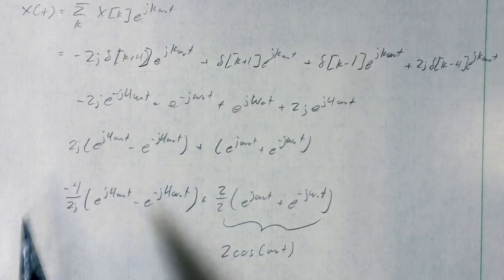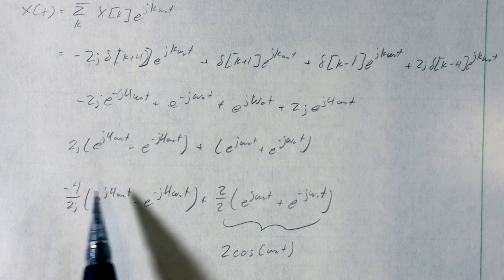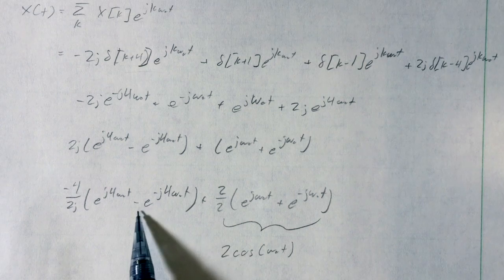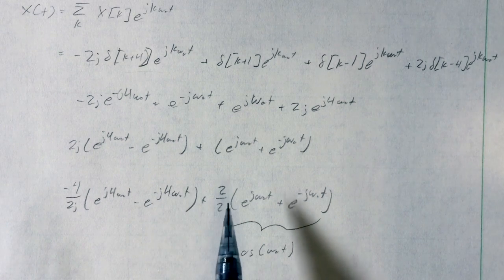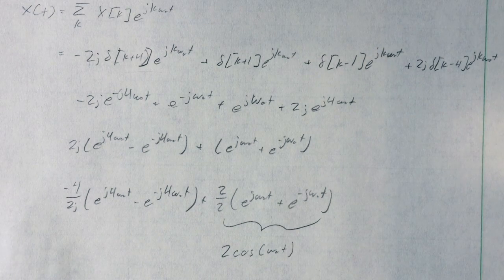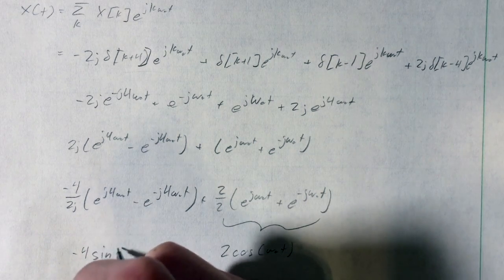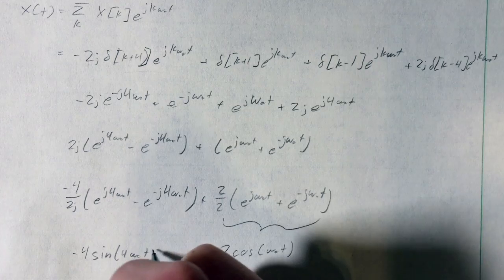And then this right here, 1 over 2j times e to the j 4 omega naught t minus e to the negative j 4 omega naught t is simply sine of 4 omega naught t. So with the negative 4, you get minus 4 sine 4 omega naught t.